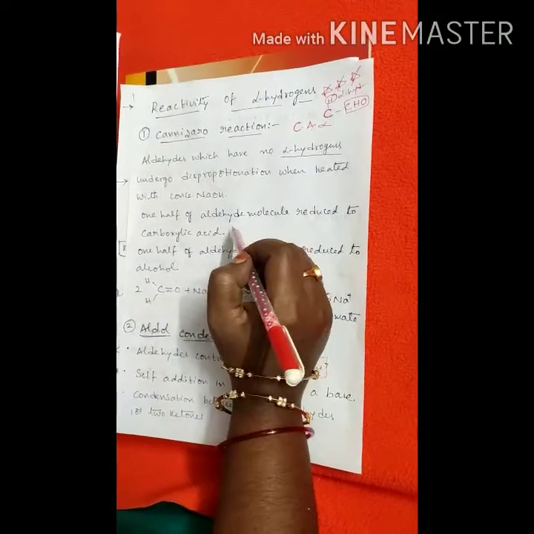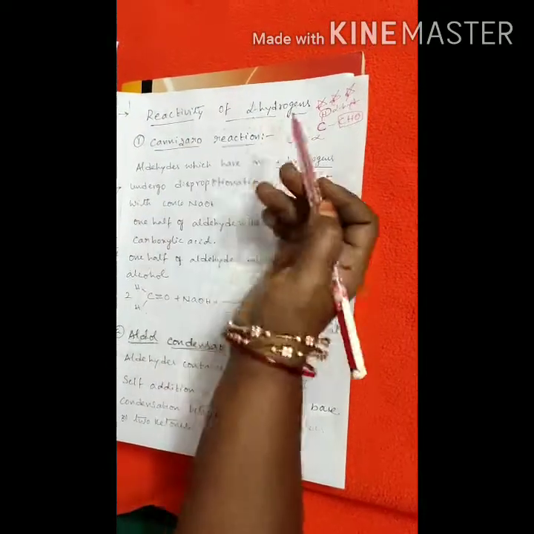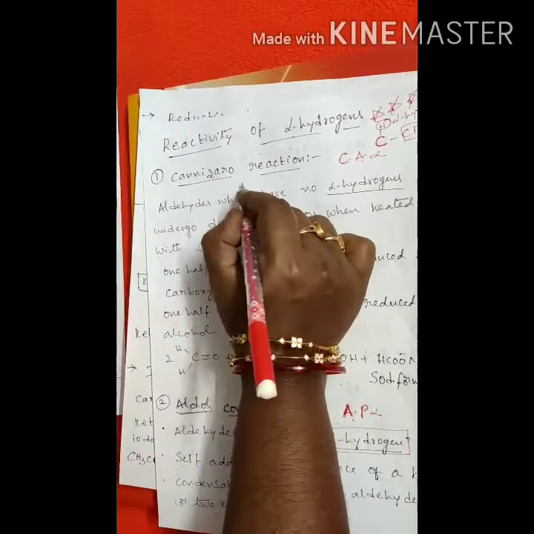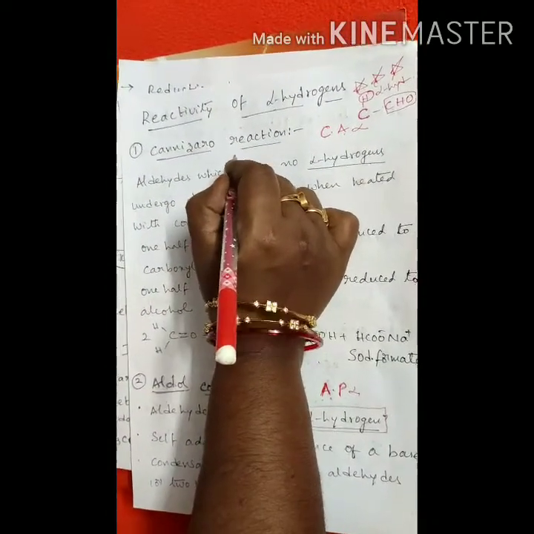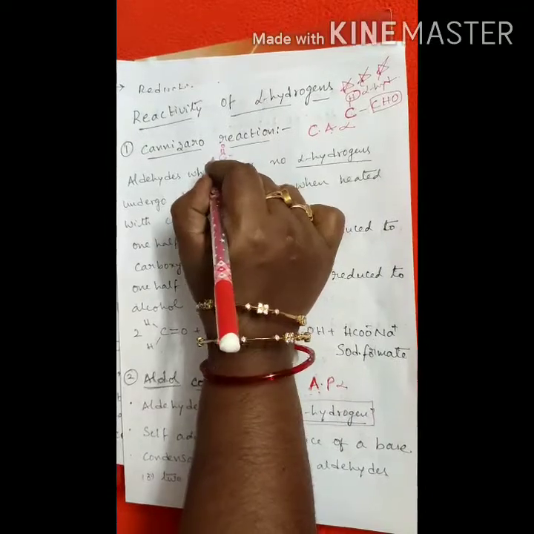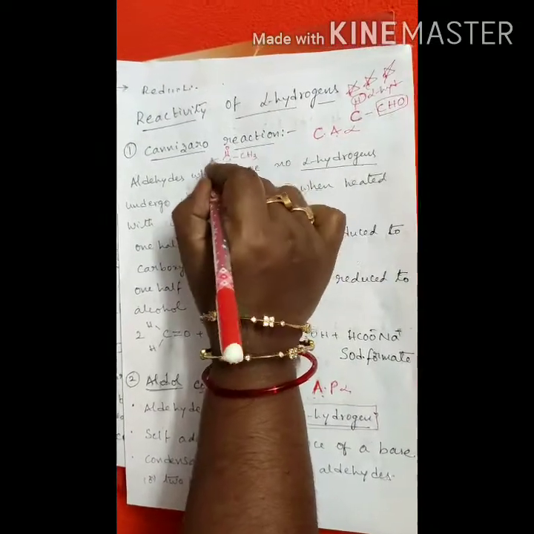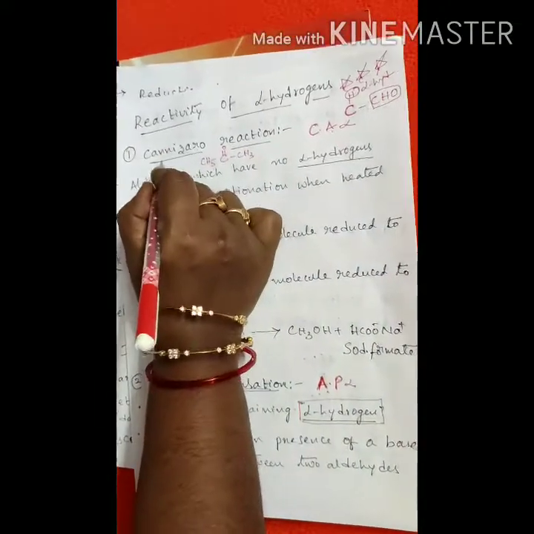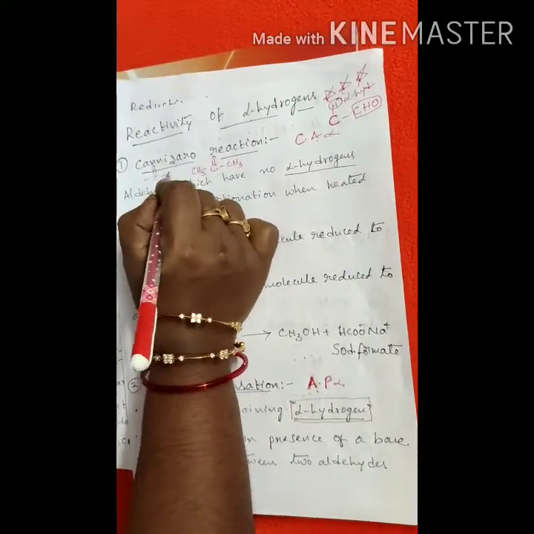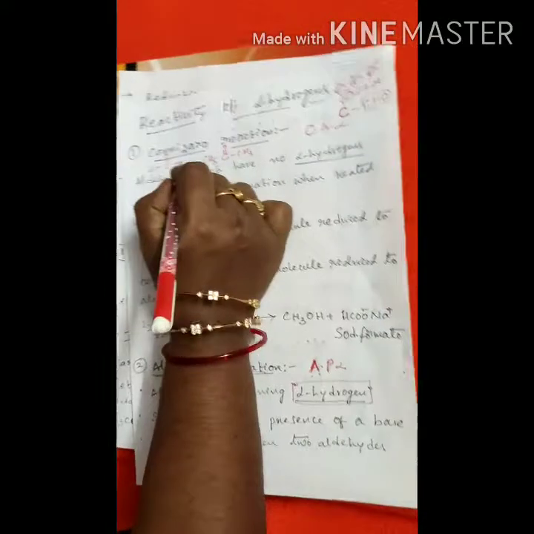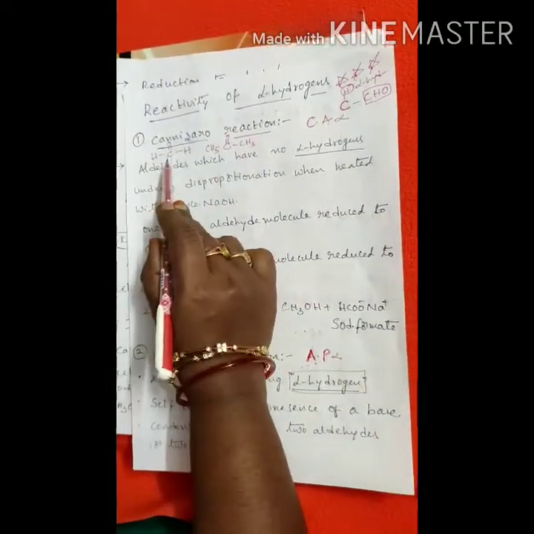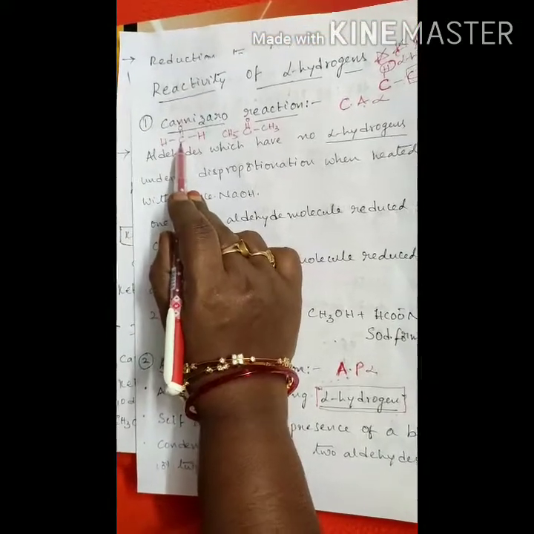Which carbonyl compound undergoes the Cannizzaro reaction? This is asked in MSET. For example, this is our carbonyl group. If it is attached with two alkyl groups like this, it is known as a ketone. Whereas if a carbonyl group is attached with one hydrogen and another hydrogen, it is known as formaldehyde.